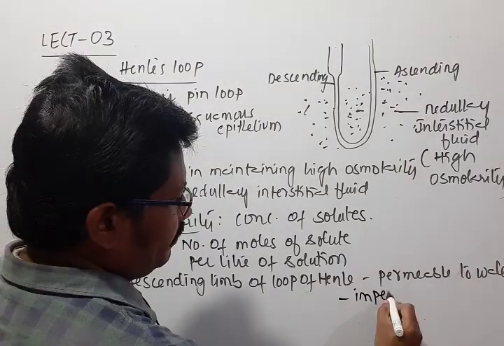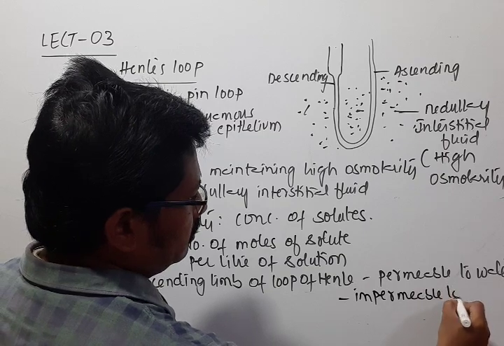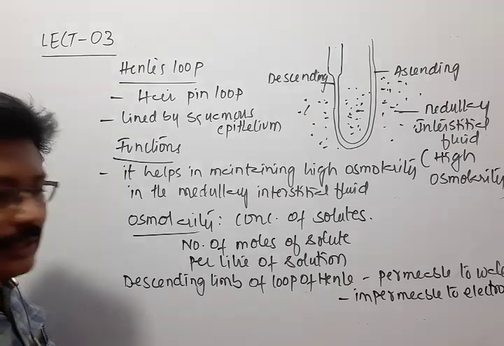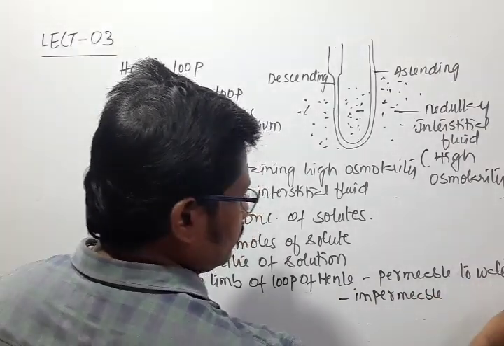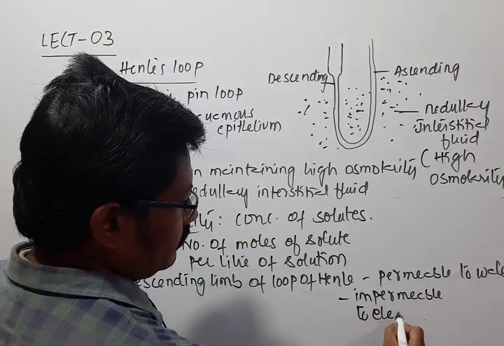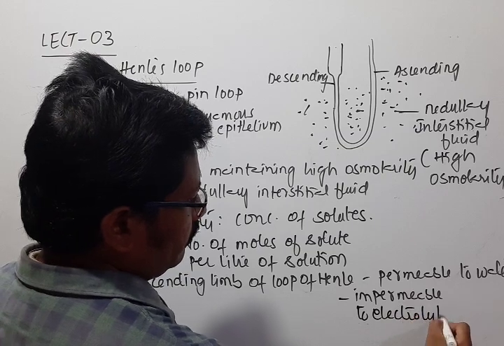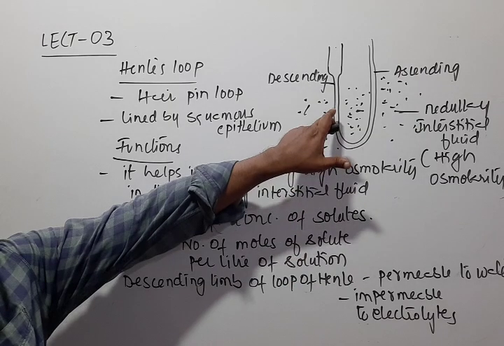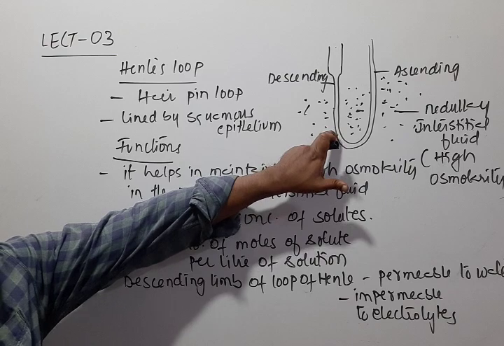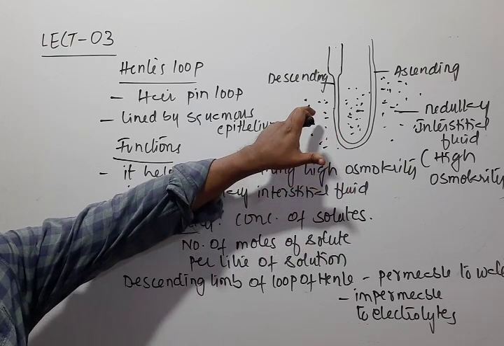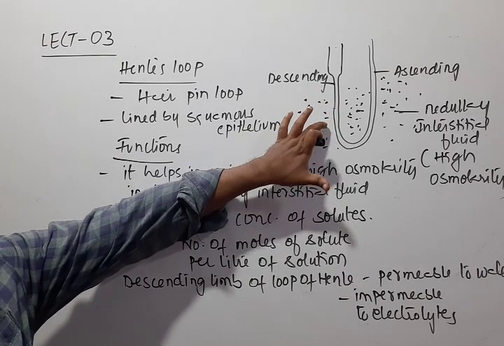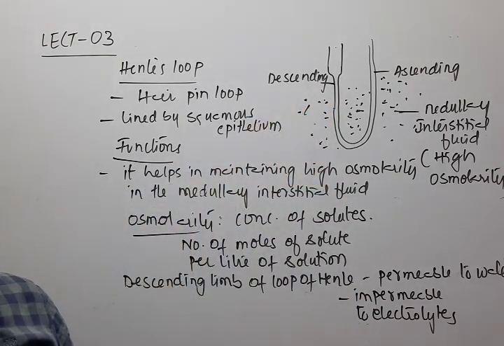So electrolytes will not be able to move in and out of this Henle's loop, whereas the water can move across the wall of this Henle's loop.